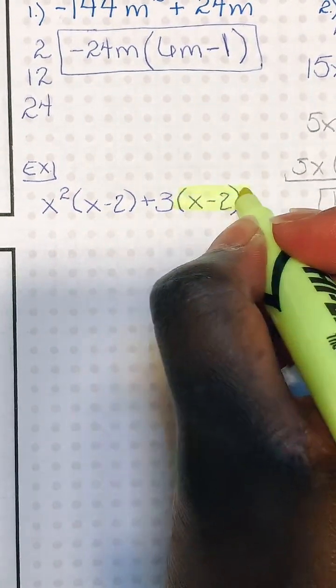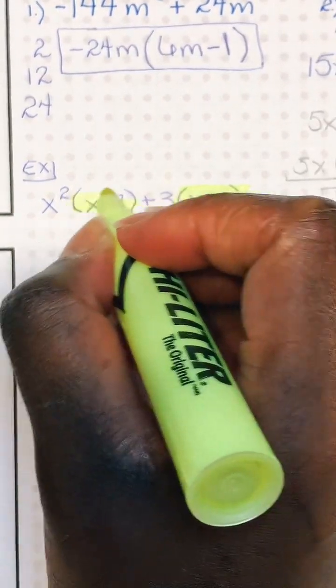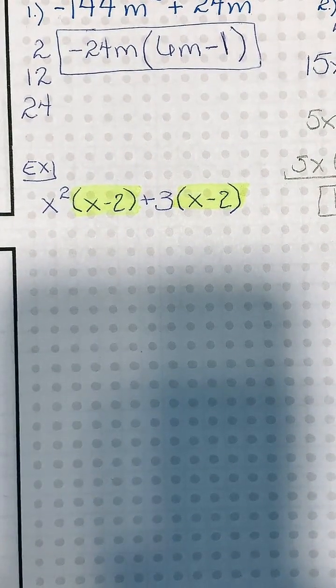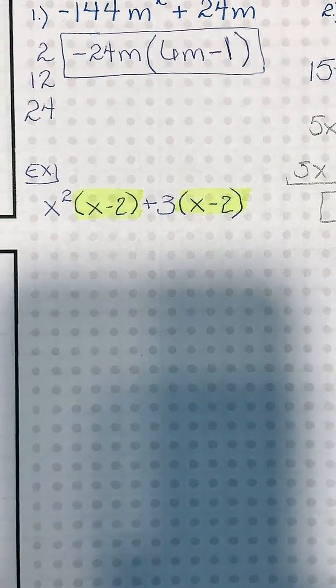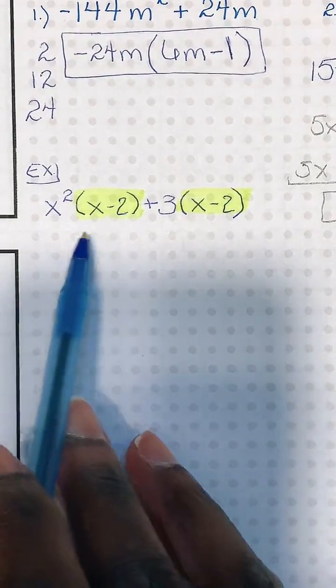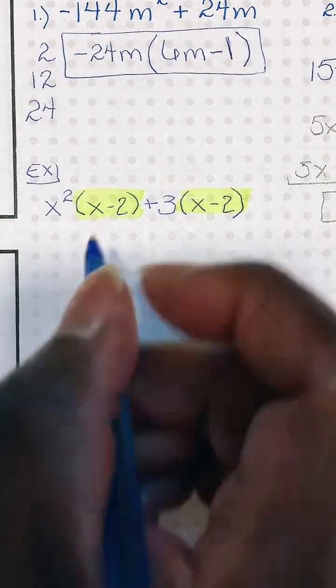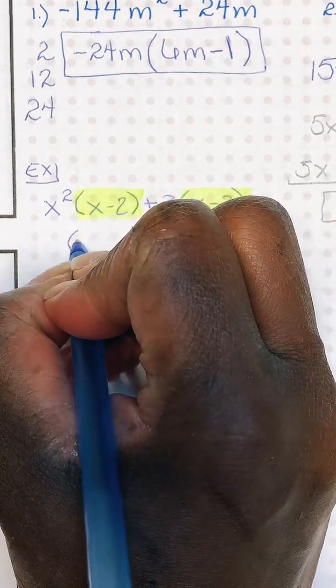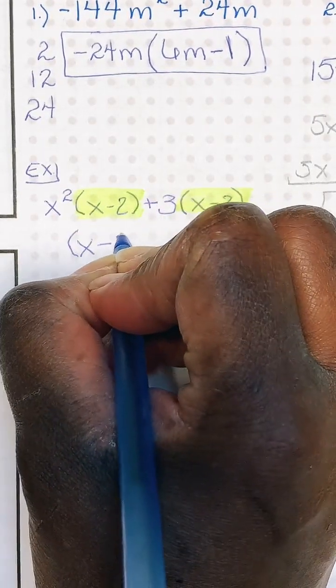They both have the same parenthesis, that same x minus 2. So this is considered my GCF. If this is the GCF of this line, I'm going to write it down once.